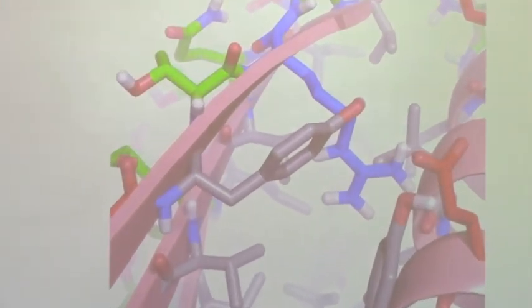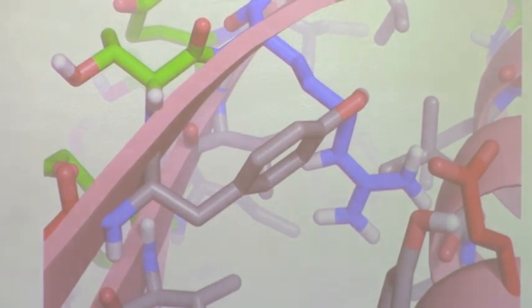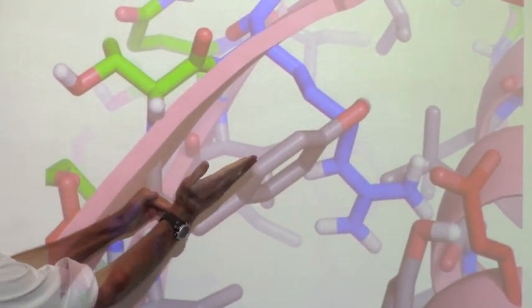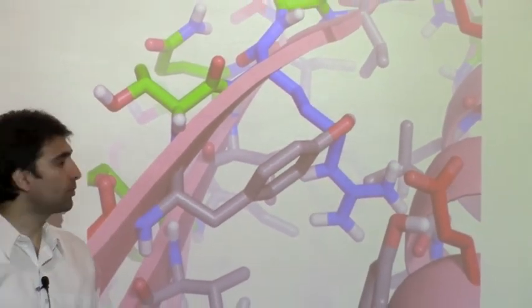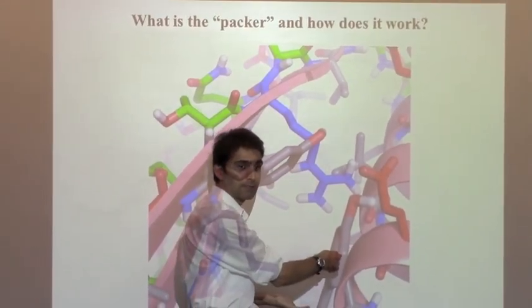The new energy calculation is actually very, very efficient because, as Chris mentioned, everything in Rosetta is pairwise decomposable on the residue level. So when I change this rotamer, I don't have to recalculate the interaction of this residue with this residue, because that's going to stay the same.